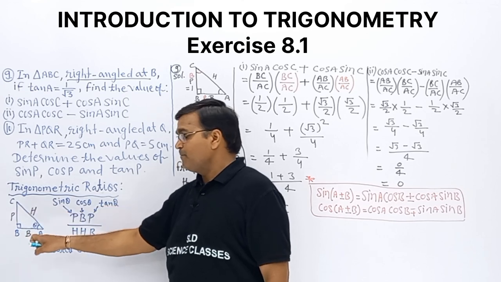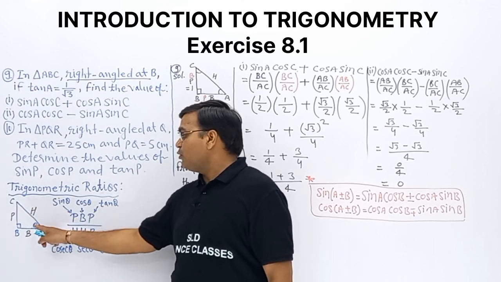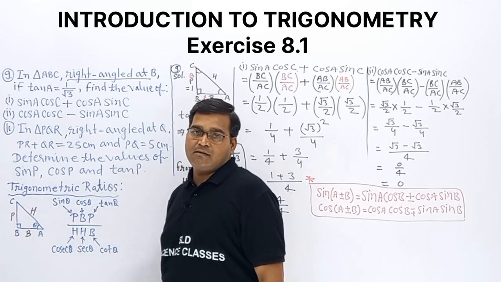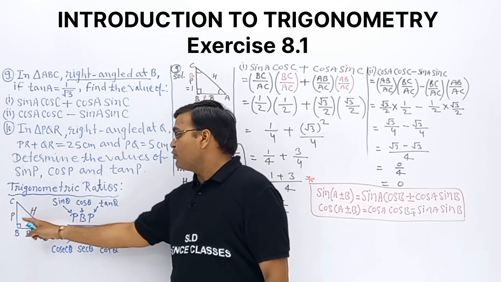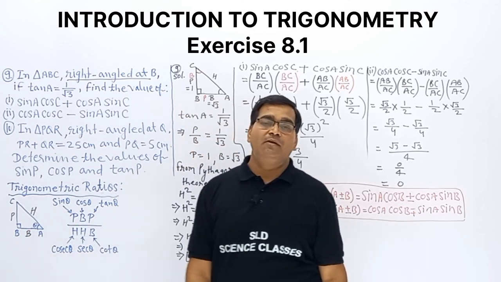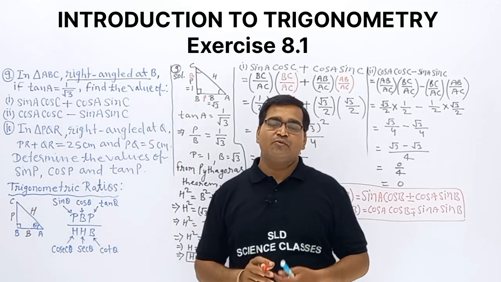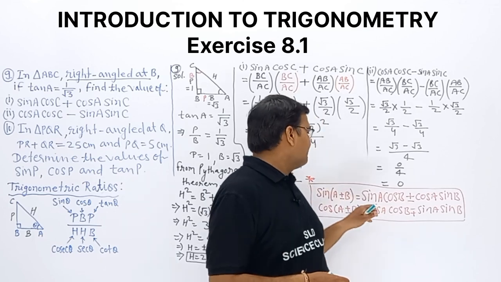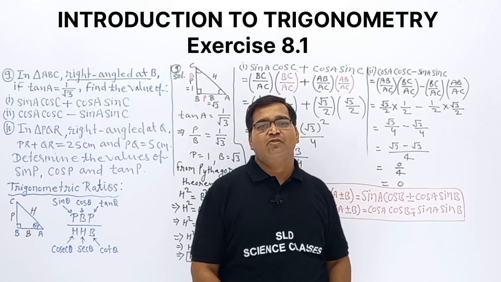P is the perpendicular, B is the base, and H is the hypotenuse. Perpendicular is the side opposite the acute angle, and the side adjacent to the acute angle is the base. And the side opposite the 90 degree angle is the hypotenuse. Clear? So from trigonometry ratios we can obtain the values. So it is not necessary to use this formula. This is only a formula, so I am showing it.